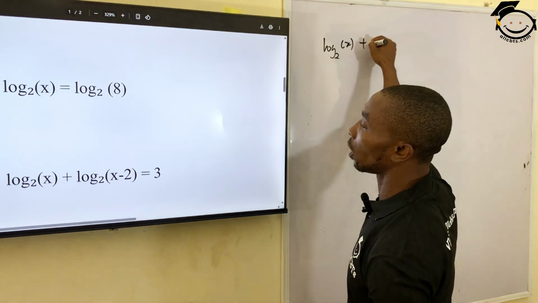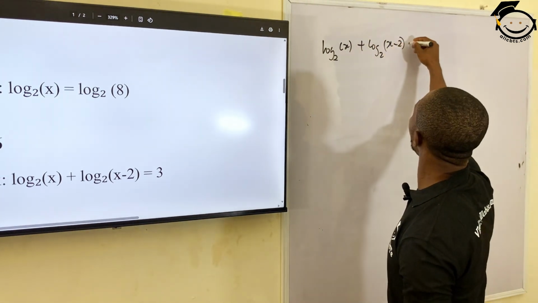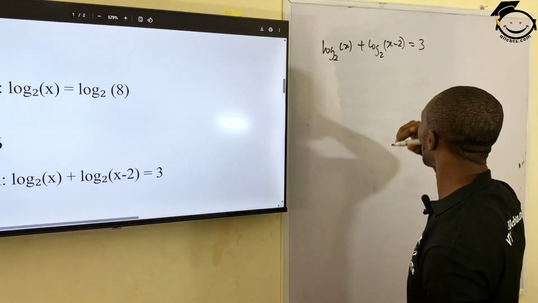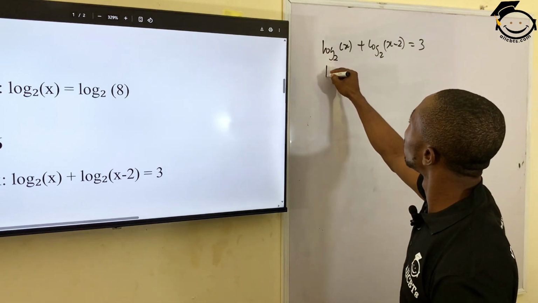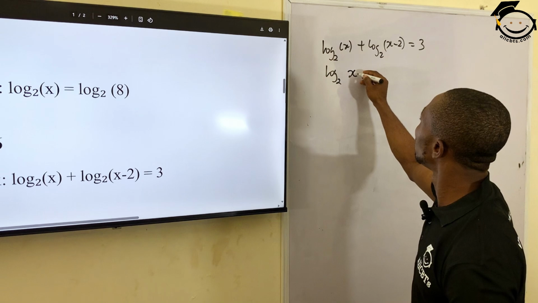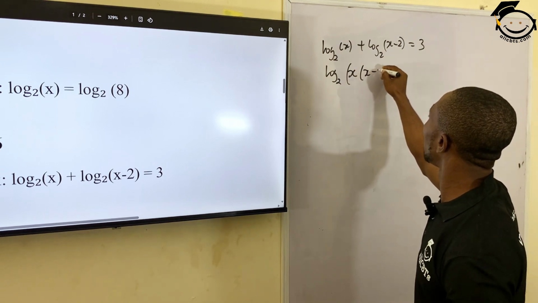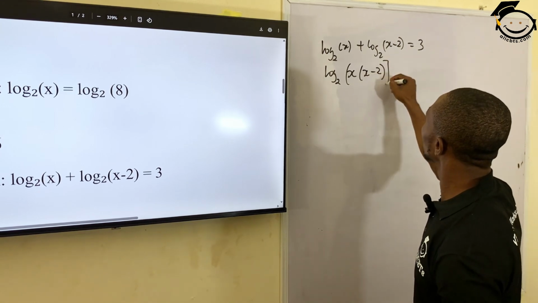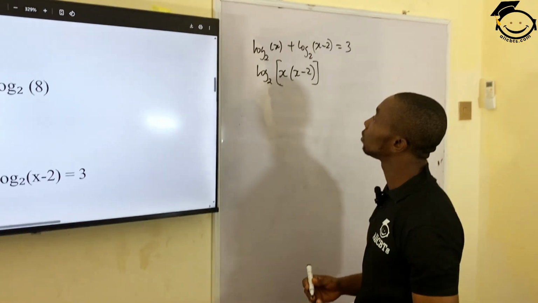It says solve for x in log₂x plus log₂(x minus 2) equals 3. Now, let's combine this to become log₂ of x times (x minus 2), which is applying our multiplication rule.